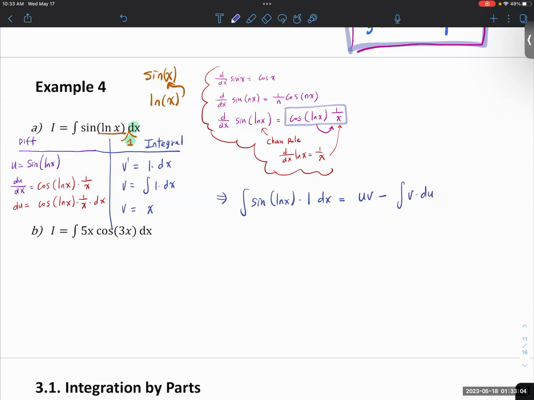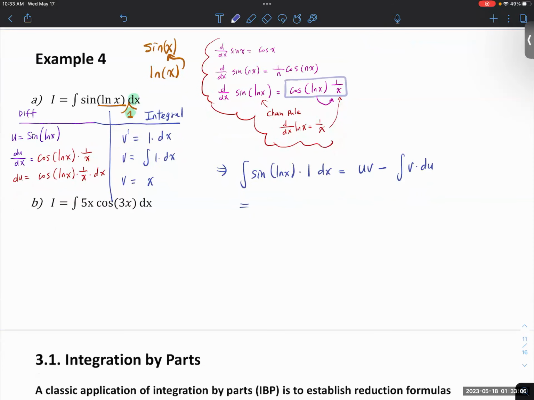Are you guys okay? So u is what? Sine ln x, minus, and v was x, minus integral. v is x, du is cosine ln x, 1 over x, dx.